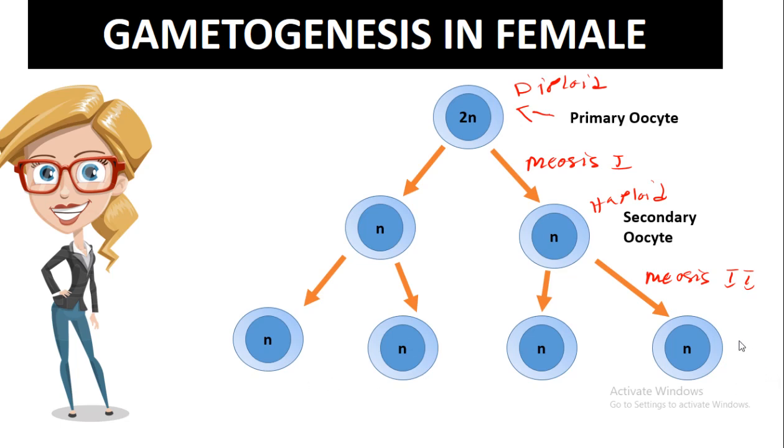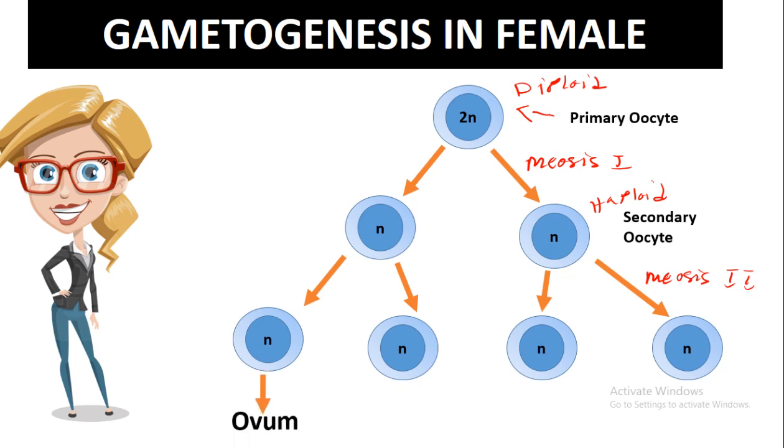But in female, it is different. We are going to have 3 polar bodies. That is an exam question. How many polar bodies are produced at the end of the process of gametogenesis in female? There are 3 polar bodies.